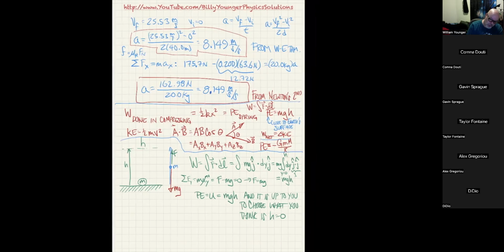What I do, your book does this quite differently, but what I use is this equation, and I'll tell you why it's useful in a second. This equation you will not find in your textbook, but you are allowed to use it on your equation sheet. Let's write this in blue.